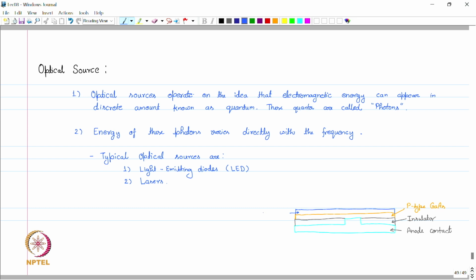This layer is n type aluminium gallium arsenide, and on top of this we have the cathode contact.